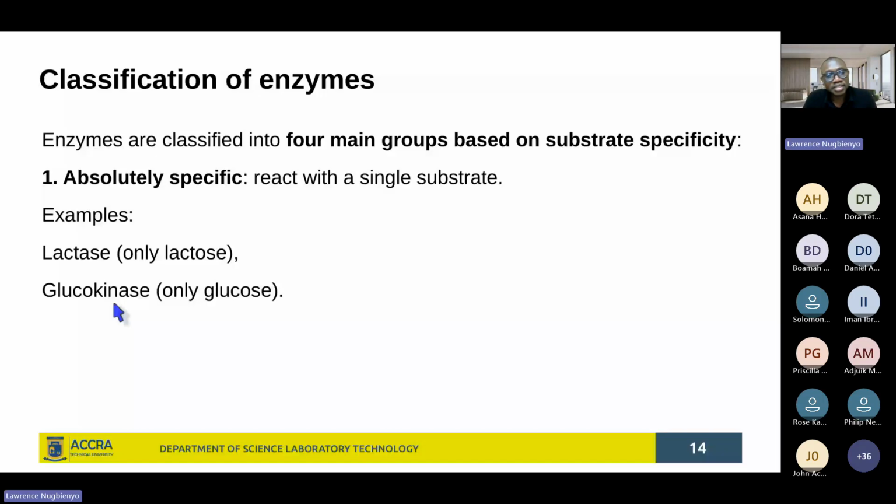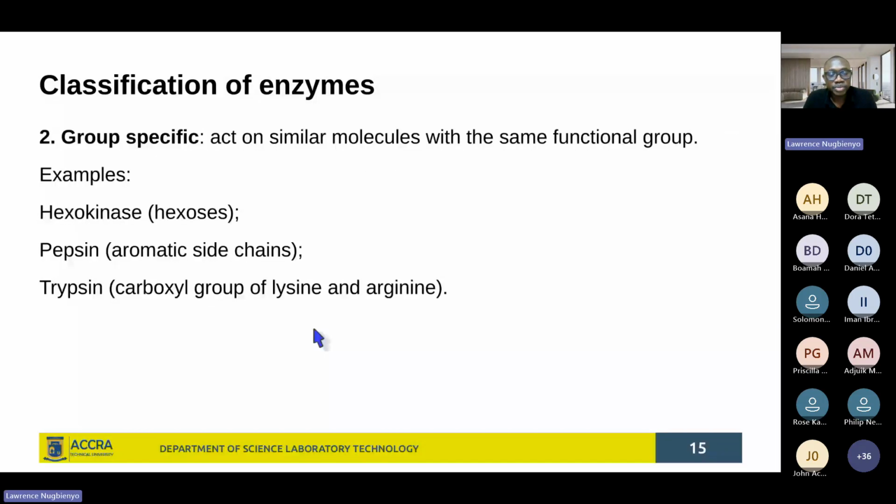The second is what we refer to as group-specific enzymes. So these ones, they will act on a group of substrates, not only one. If you compare hexokinase to glucokinase, glucokinase is specific to glucose, but hexokinase will be acting on all hexoses, on all 6 carbon sugars.